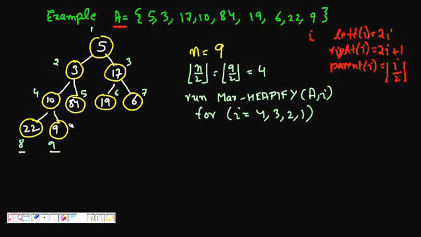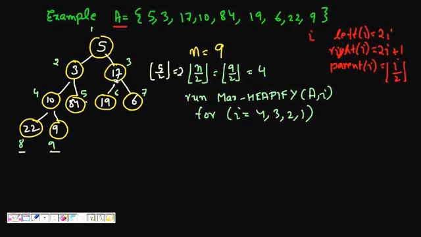So these are the left and right child. 4 into 2 is 8, and 4 into 2 plus 1 is 9. And for this node, to find its parent, we just do 5 by 2 floor, which is 2. So the index of this node is 5, and its parent is 2.